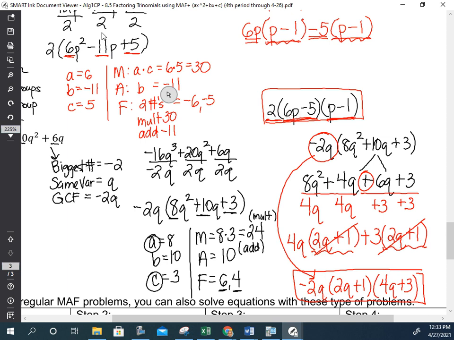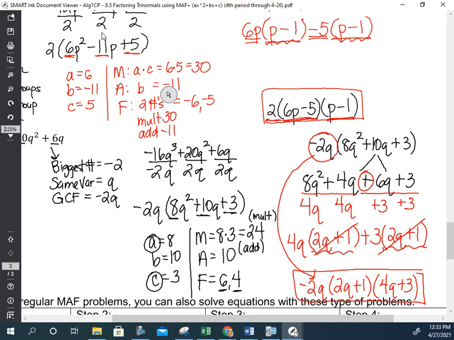It's not a hard problem. You just have to pay attention to what you're doing. That's why I purposely went so slow. That's why the first homework assignment on this, which is due on Friday, literally, problem 1, just take out the greatest common factor.